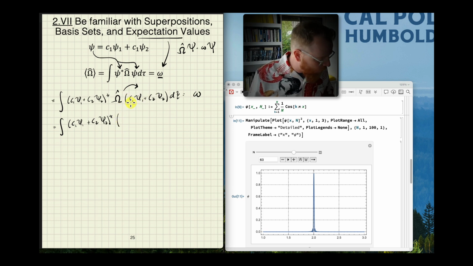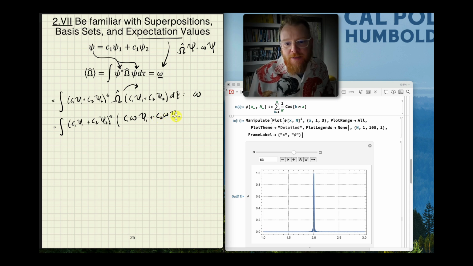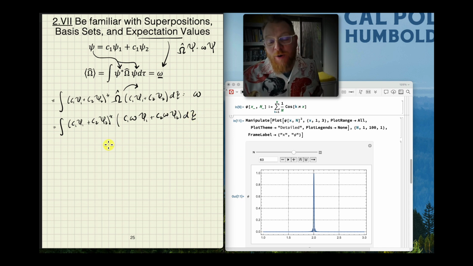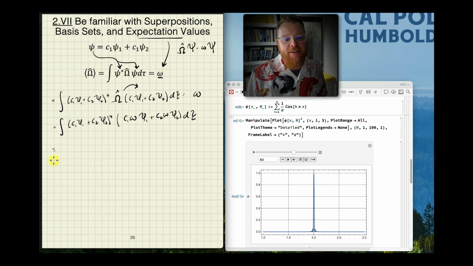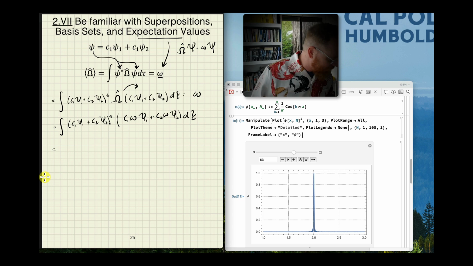So now what we end up with is C1 little omega psi 1 plus C2 little omega psi 2 d tau. And then, as you might note, we need to FOIL this thing and pull things out of the integrand that are a constant.